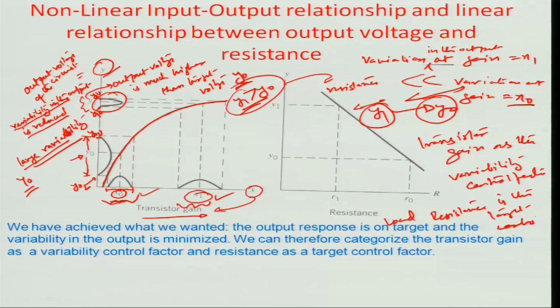So while the resistance ensures that the output value goes to a certain level y0, which is the desired output value, the gain value actually from a very different angle, from a nonlinear response of the gain with respect to the output, ensures that the variability is reduced.